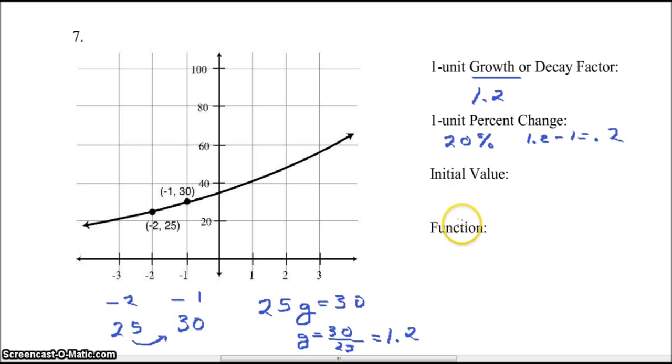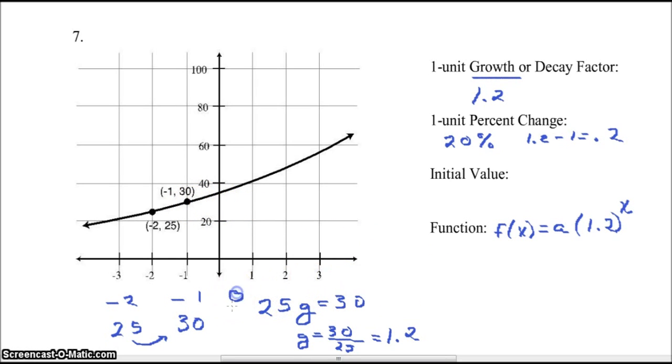Now, how are we going to find the initial value? We know that our function would look something like this. But we don't know our initial value. We do have a point that is 1 unit away from 0.